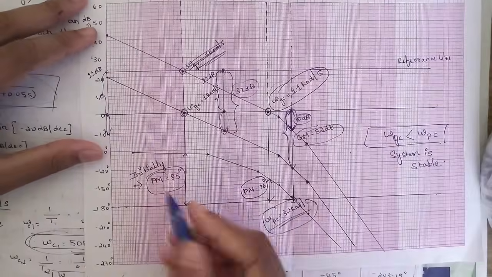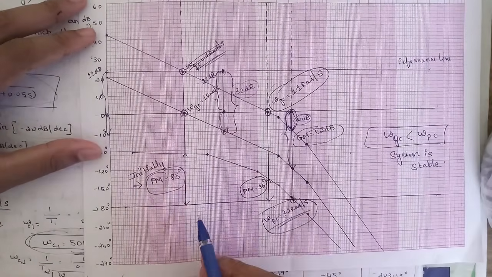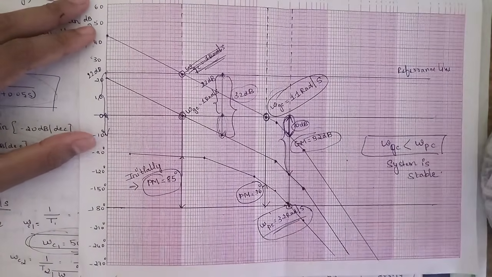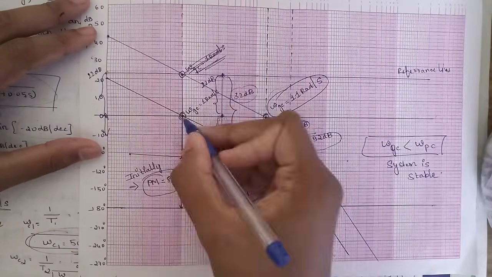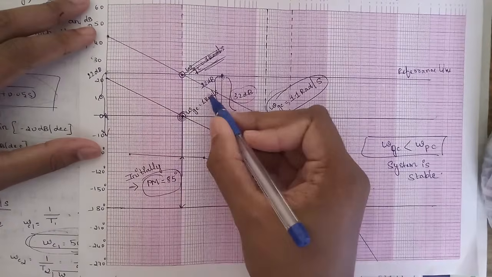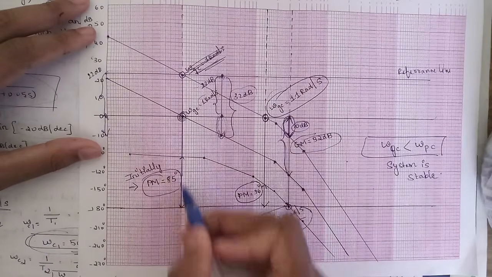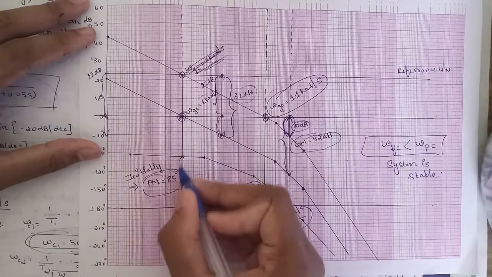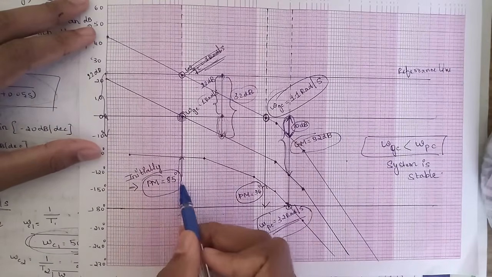So now what we should be doing is, initially the phase margin we checked here, right, from the first gain crossover frequency we dropped a perpendicular line to the 180 degree line, and here we initially got a phase margin of 85 degree.